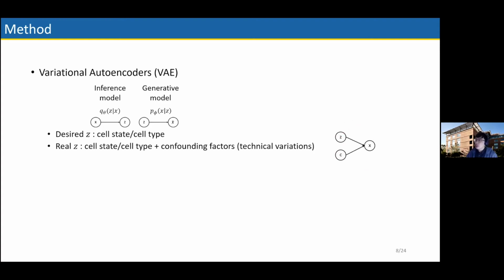However, if we do nothing about it, it will be coupled with latent states that represent the biological states and affect the final result for dimensional reduction. So it's not ideal, and we call these technical variations confounding factors.